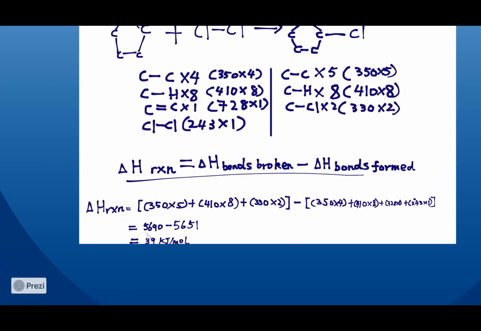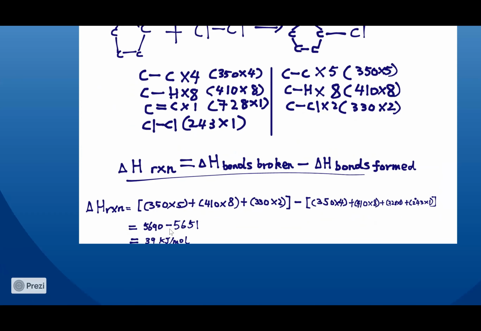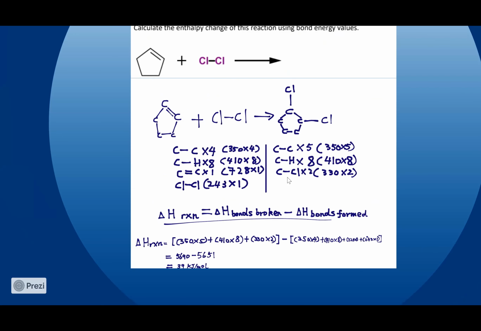And we get 5,690 minus 5,651. What does it give us? 39 kilojoules per mole. Notice there are also the units. Don't forget that, otherwise you're going to lose marks during the test.